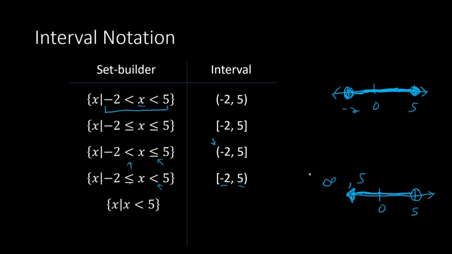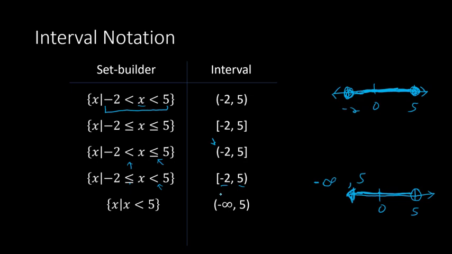So when you write this in interval notation, make sure you realize this is negative infinity, because it's going in the negative direction. So we put a negative symbol there, showing that it's going infinitely to the left in the negative direction, and then comma 5. Now, anytime you see infinity, you always put a parentheses on that side in the interval notation, because the parentheses means we never actually reach it, right?